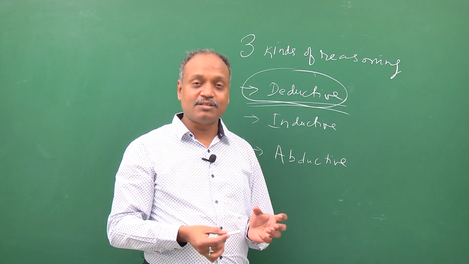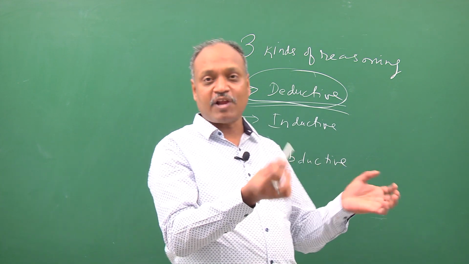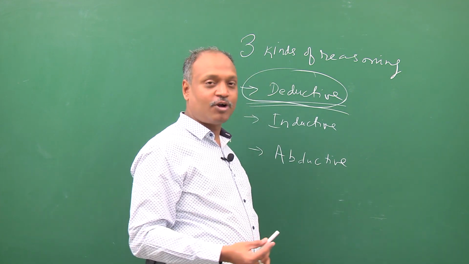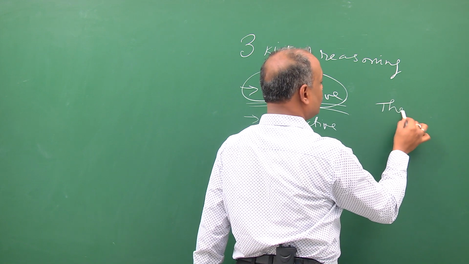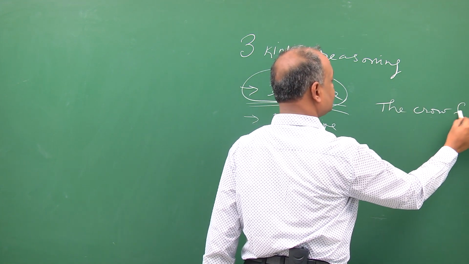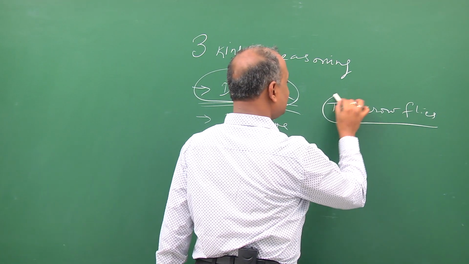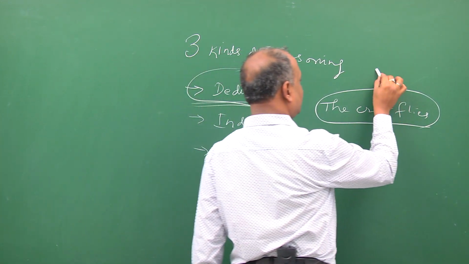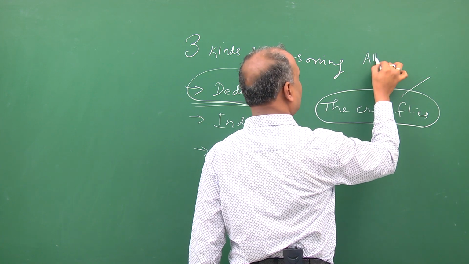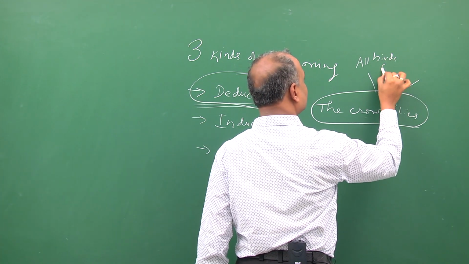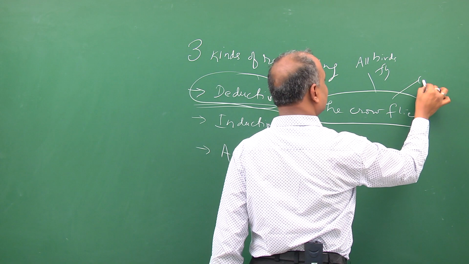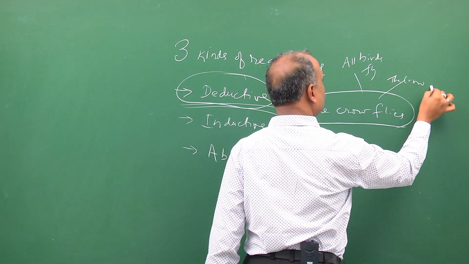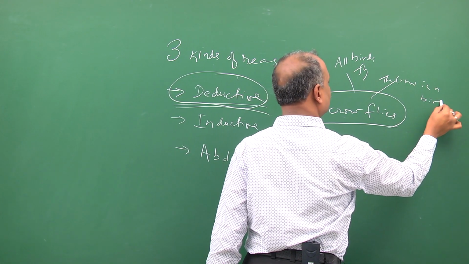So, given this universal law that all birds fly, you can infer a new piece of knowledge that the crow flies. This is a new piece of knowledge which has come from two independent pieces of knowledge: one says that all birds fly, and the other says that the crow is a bird.